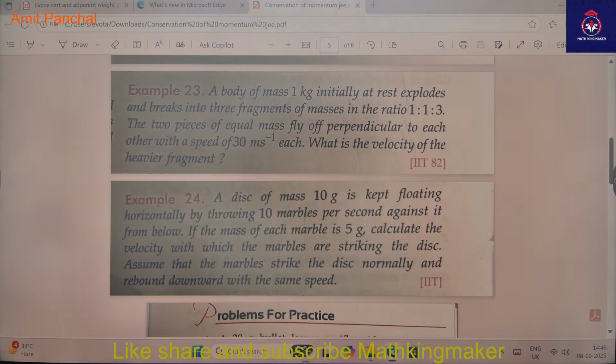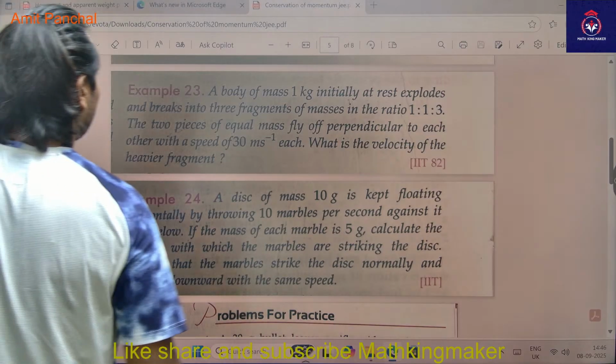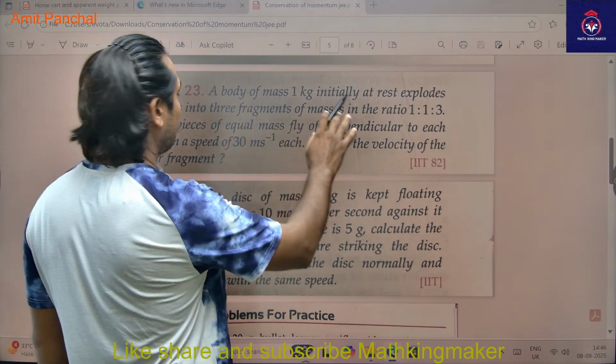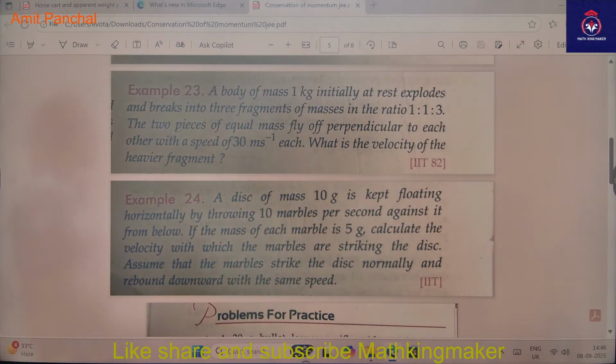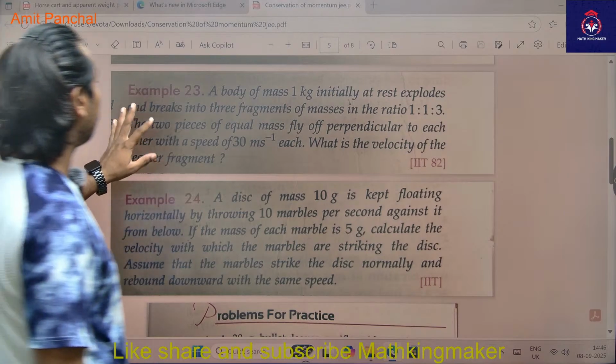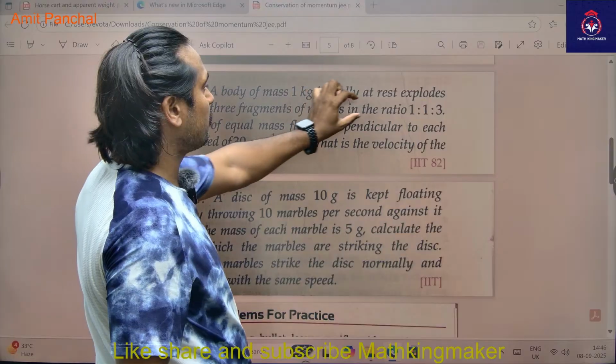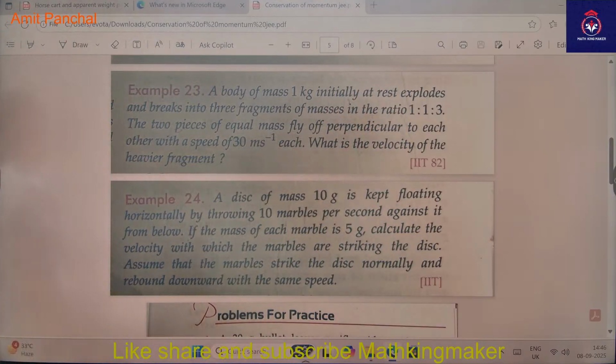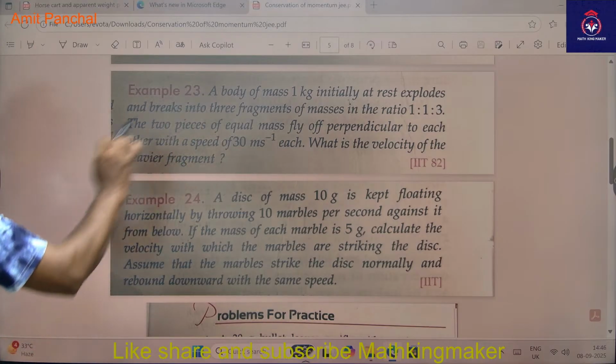Sandeep, are you doing the 23rd question? Okay, I'll give you a little bit of a hint. A body of mass 1 kg is initially at rest. Now it is exploding into 3 fragments of masses in the ratio 1, 1 and 3. So earlier it was a body of 1 kg.